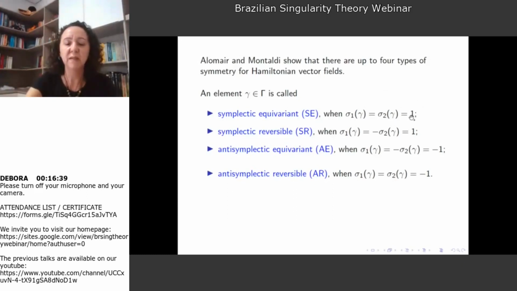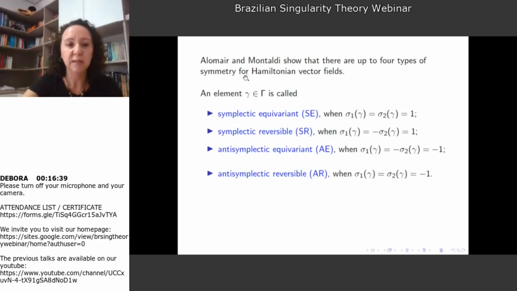If it is symplectic with respect to the bilinear form but a reversible symmetry with respect to the vector field, we denote it as R, and similar definitions hold for antisymplectic equivariant, where sigma 1 is minus 1 and sigma 2 is equal to 1, and antisymplectic reversible, where both homomorphisms are equal to minus 1.